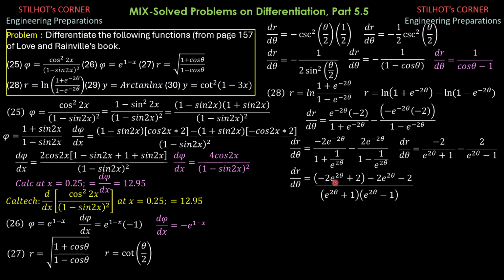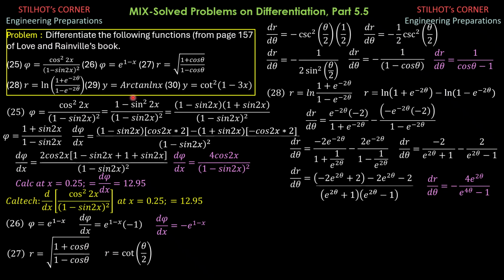So negative 2 e to the 4 theta minus 2 e to the 2 theta is negative 4 e to the 2 theta, then the denominator is e to the 4 theta minus 1. So the derivative of r with respect to theta is negative 4 e to the 2 theta over e to the 4 theta minus 1.